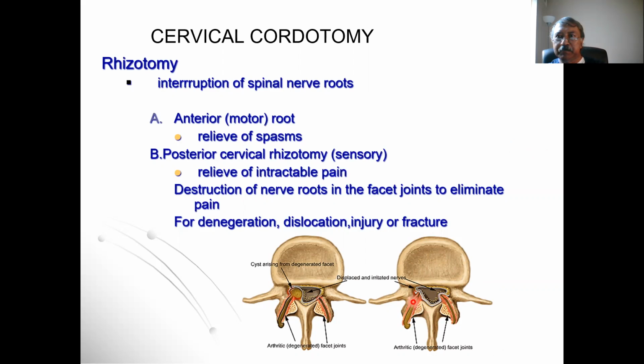The pedicle, spinous process, lamina, they all can degenerate, dislocate, and be damaged by injury sometimes. Fracture sometimes takes place in this area of the bones that you are seeing. All of these bone structures that you are seeing are prone to fracture.